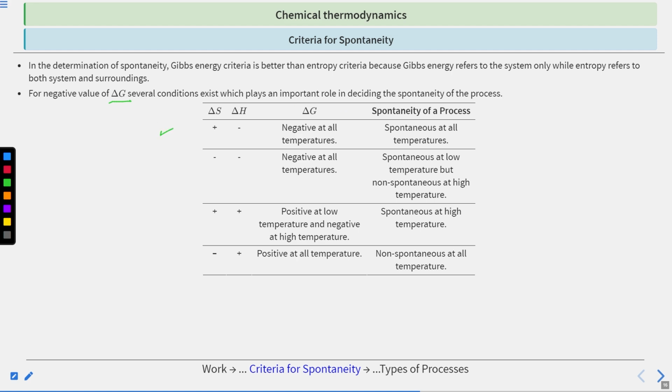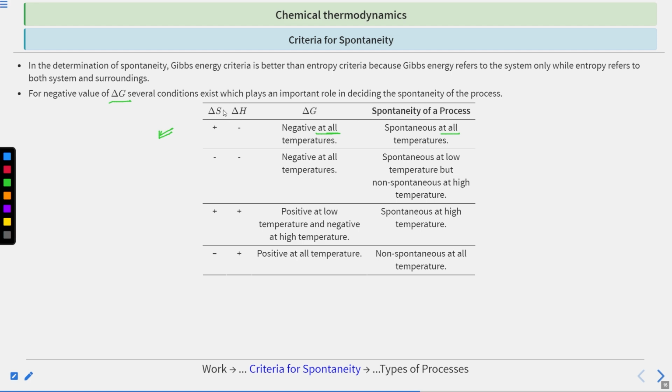So here we have a table in which 4 columns are present. First is for entropy change, then enthalpy change, third is for Gibbs free energy change, and last is for spontaneity of a process. So if entropy change is positive and enthalpy change is negative, the Gibbs free energy change will be negative at all temperatures, and the process will be spontaneous at all temperatures.